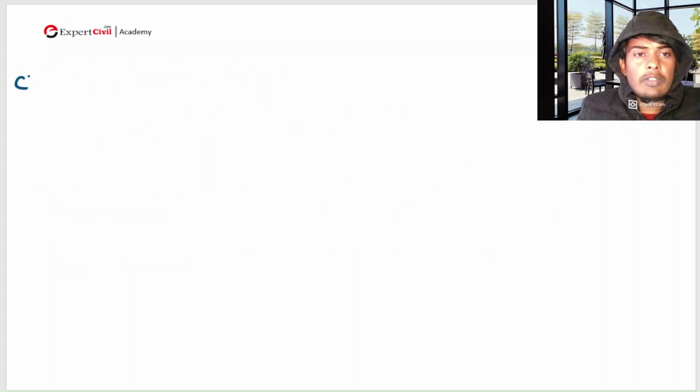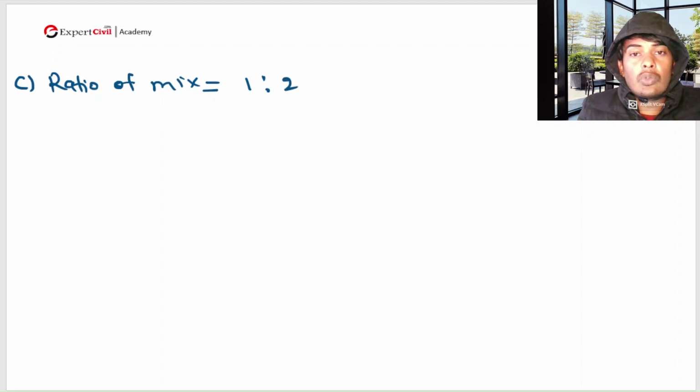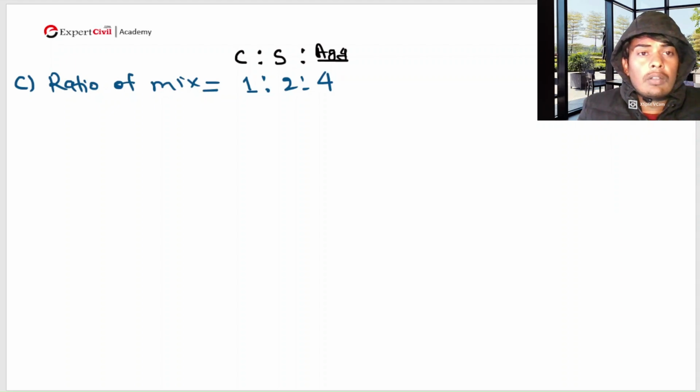And in part C, we'll find ratio of mix. This is also given in the question. This is 1:2:4. Here you should know this 1 is cement, 2 is sand and 4 is aggregate. Now in part D, we will find volume of the cement.